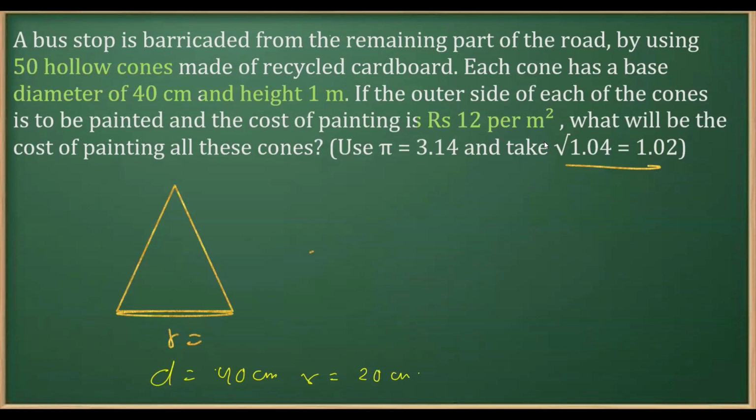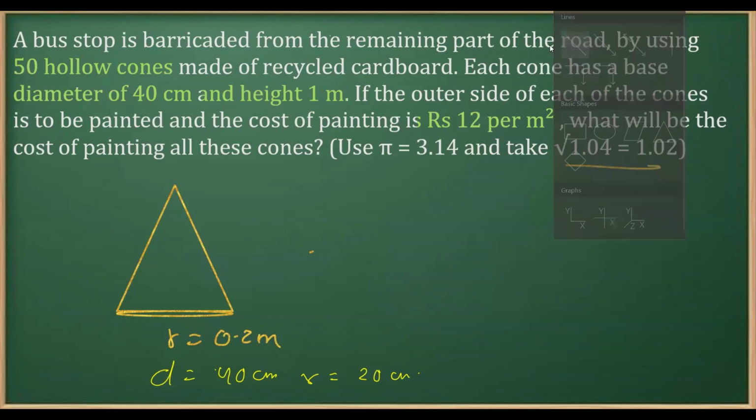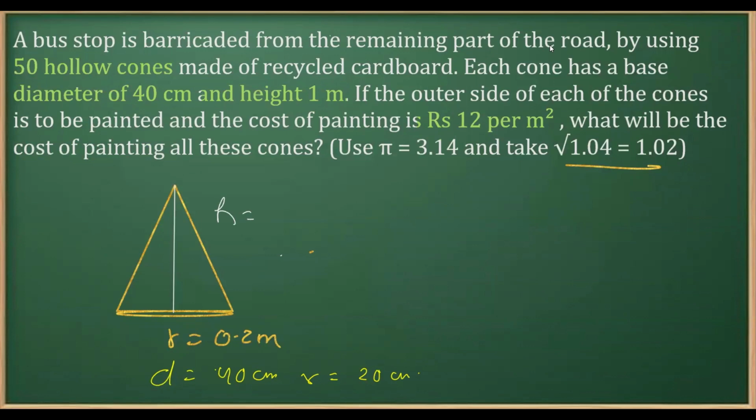But as I said, we are looking for a single unit, that is meter. So I can write this as 0.2 meter. 20 centimeters is the same as 0.2 meter. And the height, well, the height here is what? The vertical height, denoted by letter H in general, is given as 1 meter.